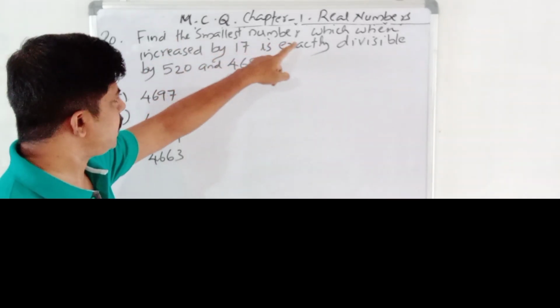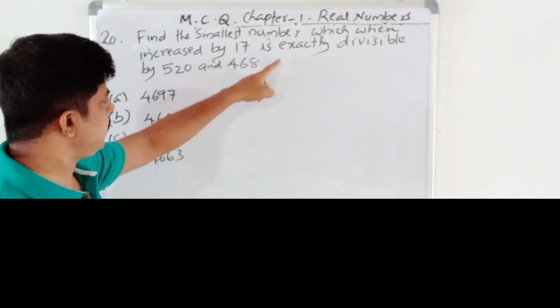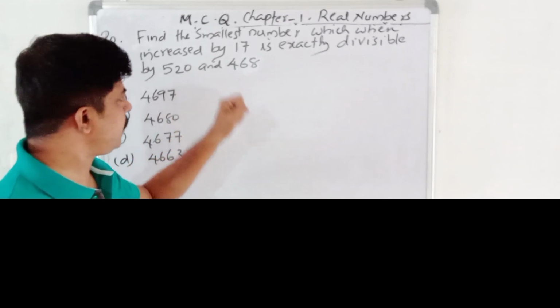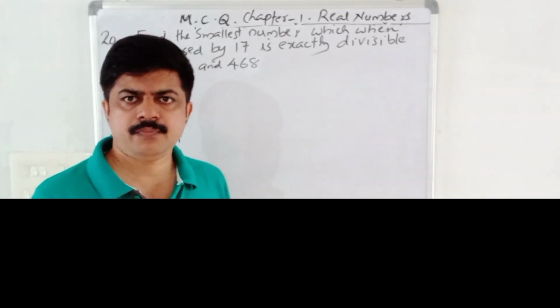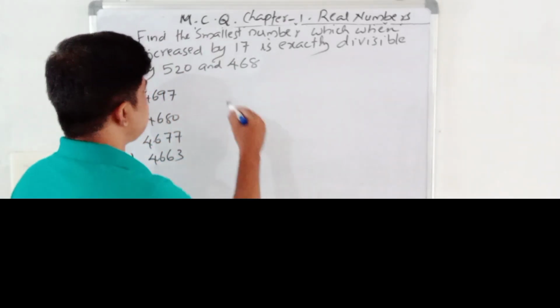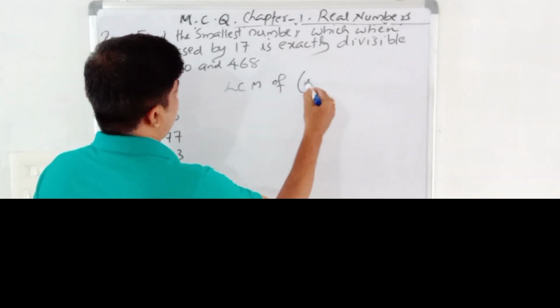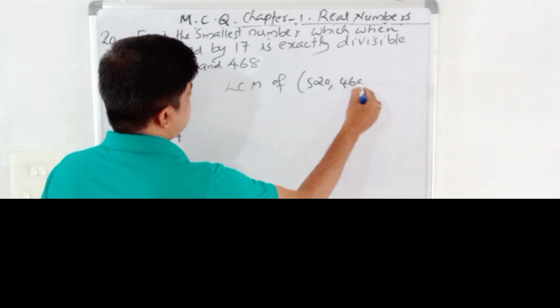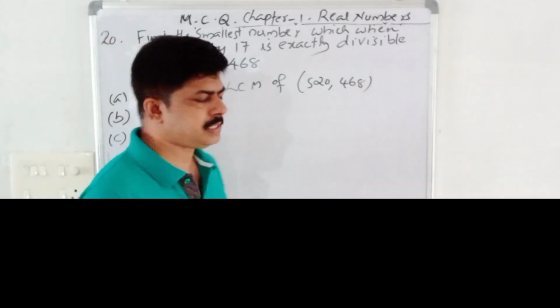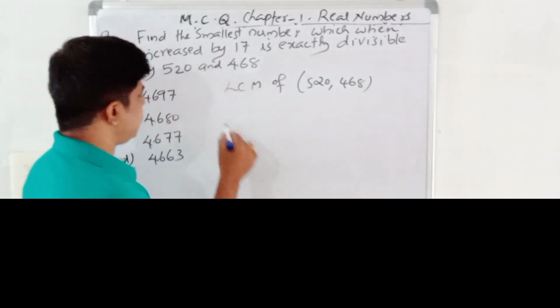Find the smallest number which when increased by 17 is exactly divisible by 520 and 468. Here we have the concept of LCM. We have to find the LCM of 520 and 468. We can find the LCM by the prime factor method.